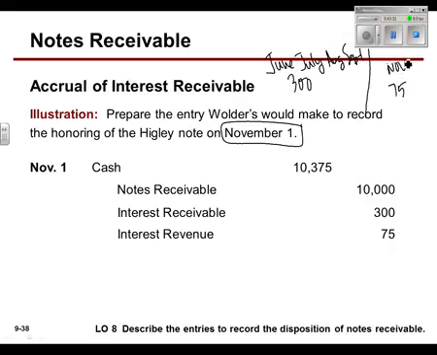This is saying, what if he paid us on November 1st, a little bit early? We got our money. The note is gone. Interest receivable went down, and then this is what's left. It's kind of a weird one.